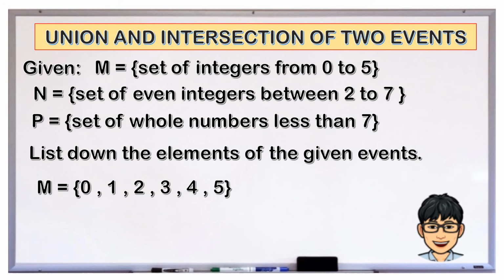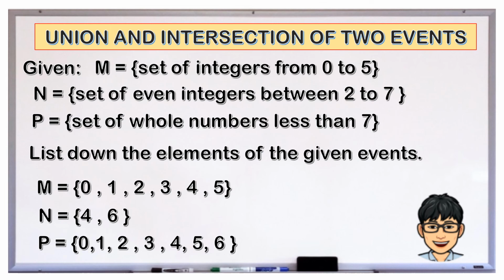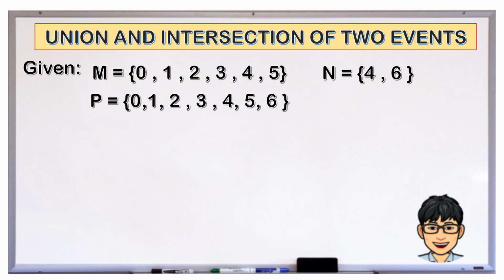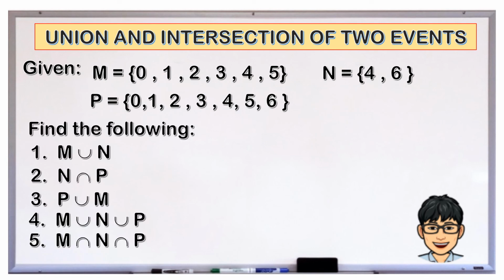Para naman sa event N, dahil ang kailangan nating elements ay even integer sa pagitan ng 2 and 7, then ang mga elements ng event N natin ay 4 and 6. Next, para naman sa elements ng event P, ang mga whole numbers less than 7 ay 0, 1, 2, 3, 4, 5, and 6. Now, we are ready to answer the following questions.